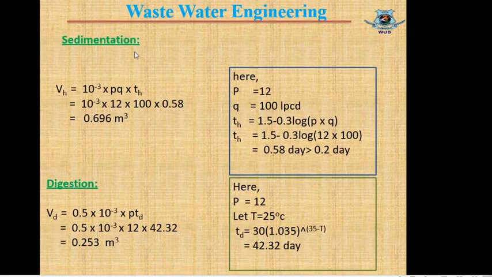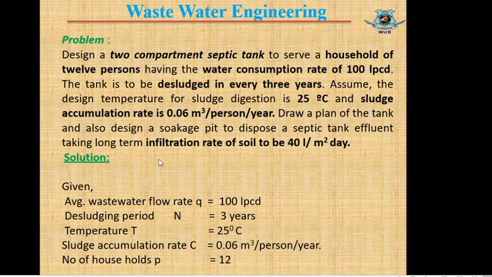First we will calculate the sedimentation zone volume VH using this equation. The unknown terms are P, Q and TH. P equals 12 persons, and Q equals 100 liter per capita per day, as stated in the question.